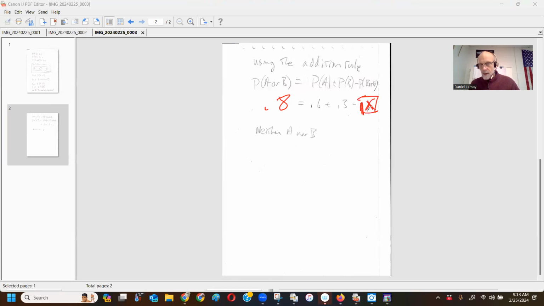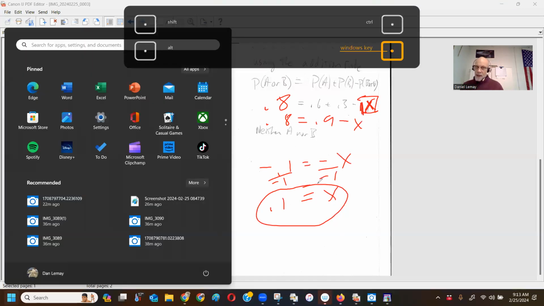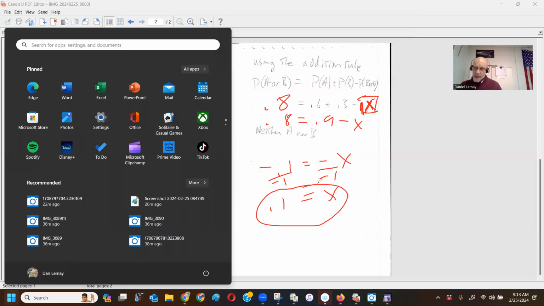So you do 0.8 equals 0.9 minus X. We'll subtract 0.9, which gives negative 0.1 equals negative X. So X has to equal 0.1, because you divide by negative 1. In case it's been a while since you've done an algebra course. Okay, so that works too. You can do all that with the equation, and you can do it with the Venn diagrams too.